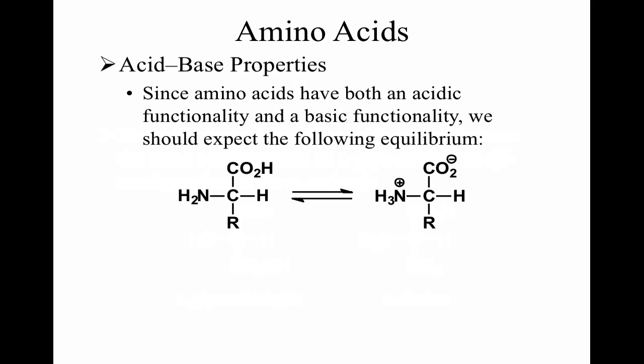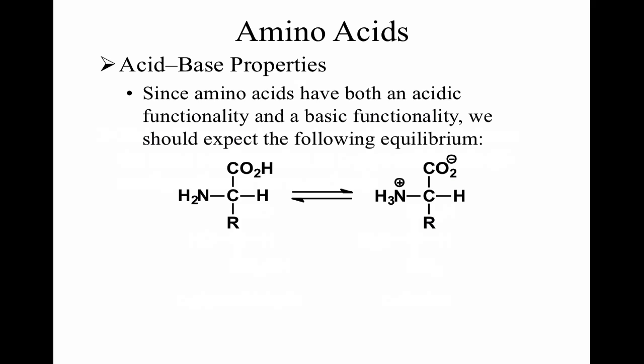So 2 to 3 for many of the carboxylic acids that we see in amino acids. The amino group is going to have a pKa of around where? Yeah, up at around 9, 10, something like that. So I have a pretty strong acid. I have a pretty good base. They're going to react with each other, right? And we form these zwitterionic forms.